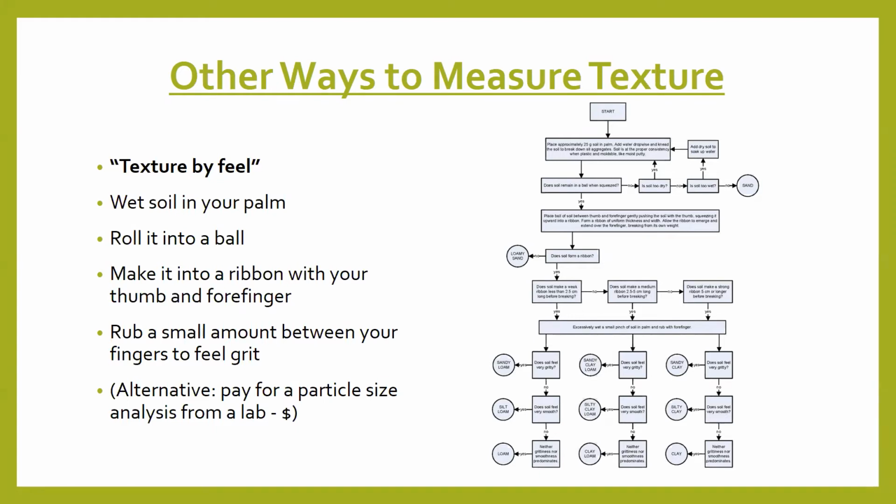And then as you move further on, you can feel for grit between your fingers to determine the grittiness, how much sand is in there. We don't often recommend this one as a starting point for gardeners because it really involves holding the soil with your bare hand. You need to be able to feel and work the soil on your bare skin.